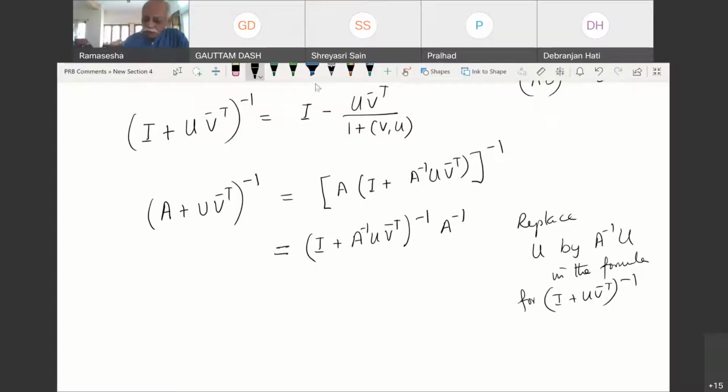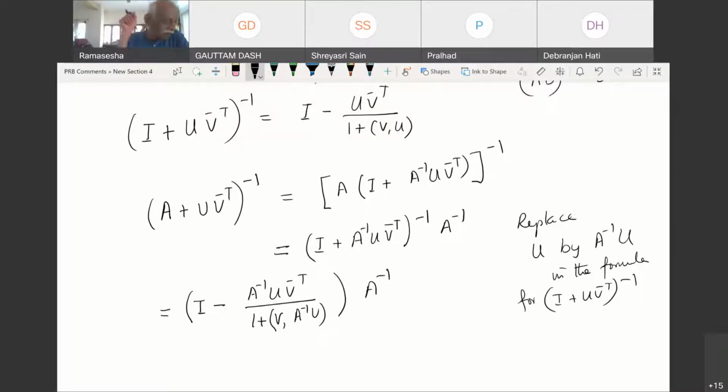So what you need to do is you just replace U by A inverse U. Okay, so this will give me, so I plus A inverse U V bar transpose inverse is what? Is I minus A inverse UV bar transpose divided by 1 plus V comma A inverse U. This multiplied by A inverse. Is it correct?